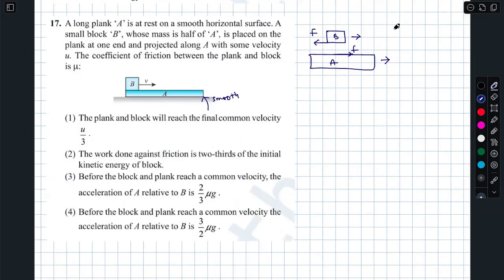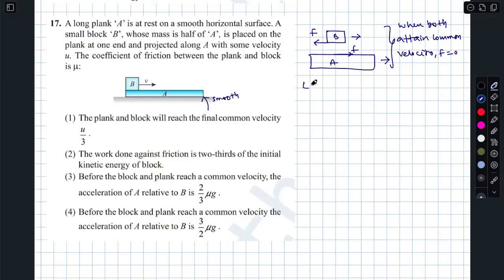So when both attain a common velocity, what happens? F becomes 0.